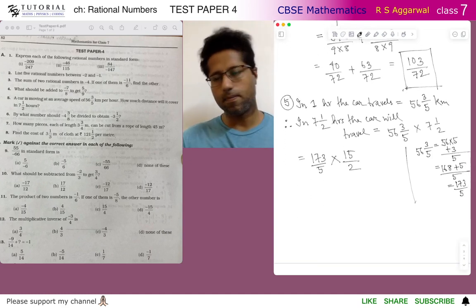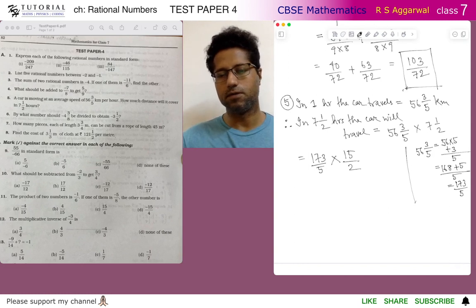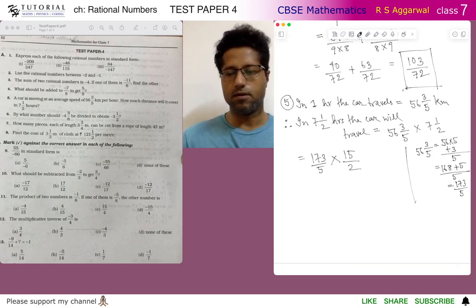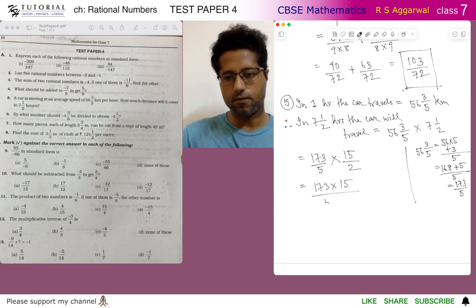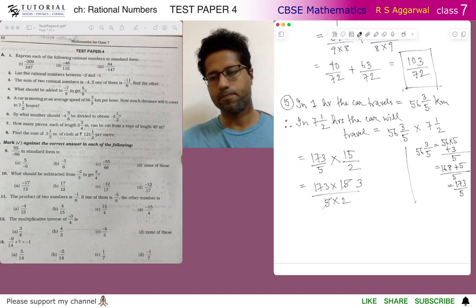So we have to do multiplication, and we know that when we multiply two rational numbers, we divide the product of the numerators by the product of the denominators. So this becomes 173 multiplied by 15 divided by 5 into 2. So this gets cancelled by 3.